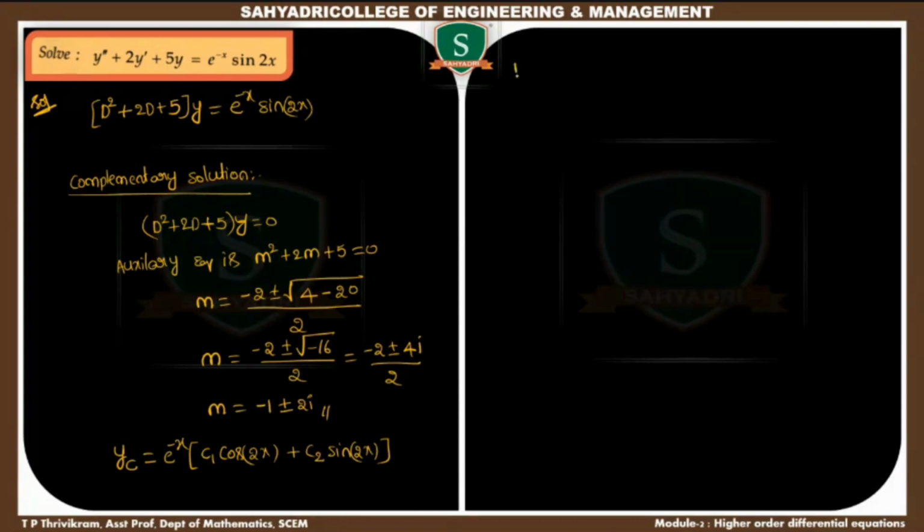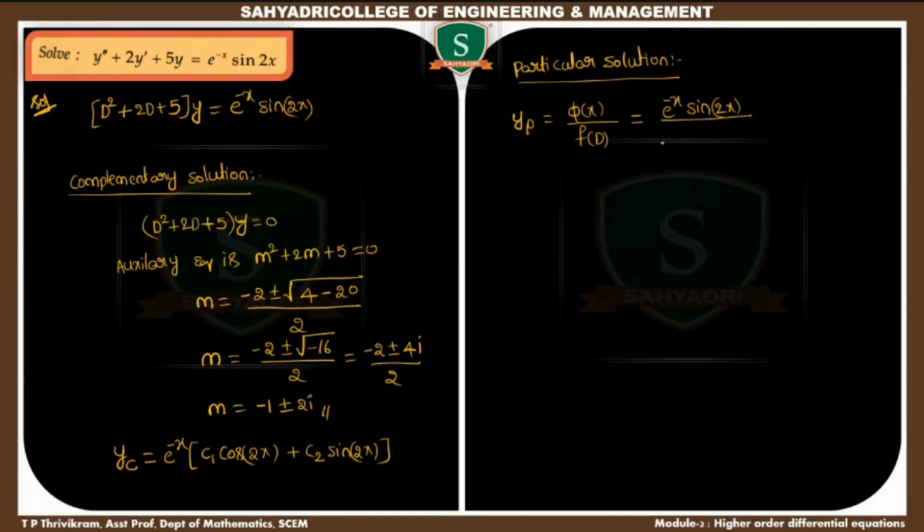Okay. Particular solution, which is nothing but Yp equal to phi of x divided by f of D. Phi of x is e power minus x sine 2x divided by D square plus 2D plus 5.